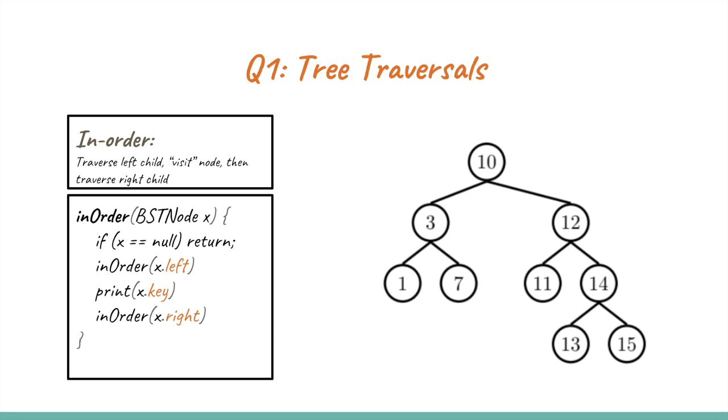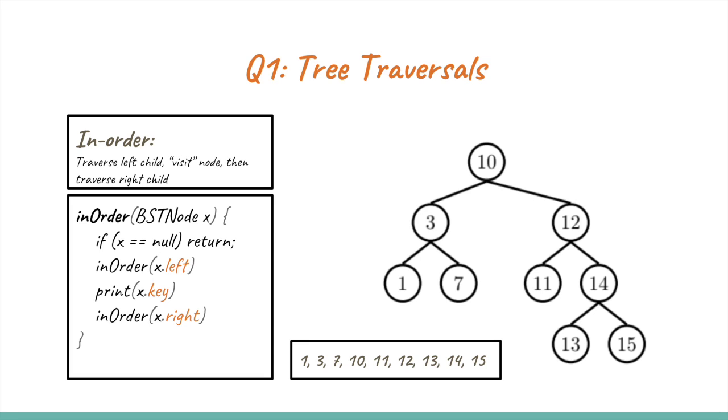So our traversal first processes node 1, visits its parent node 3, then visits node 3's right child, 7. After this, node 3's parent, which is our root, gets processed, and then we continue this procedure with the rest of the right subtree to obtain 11, 12, 13, 14, and 15.